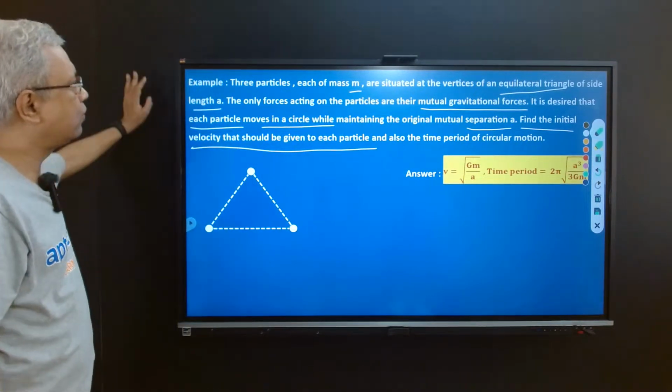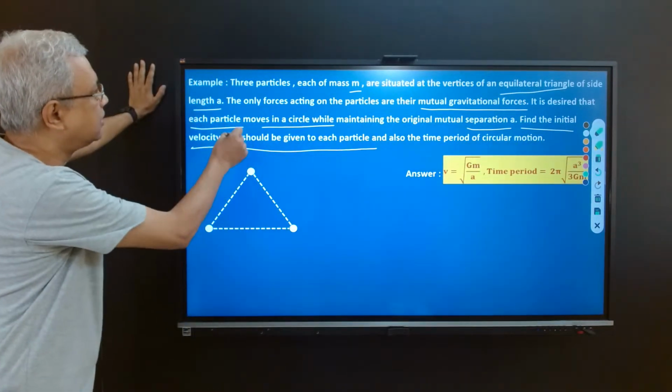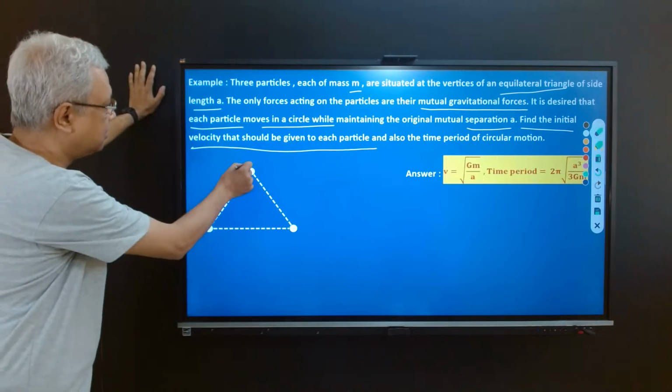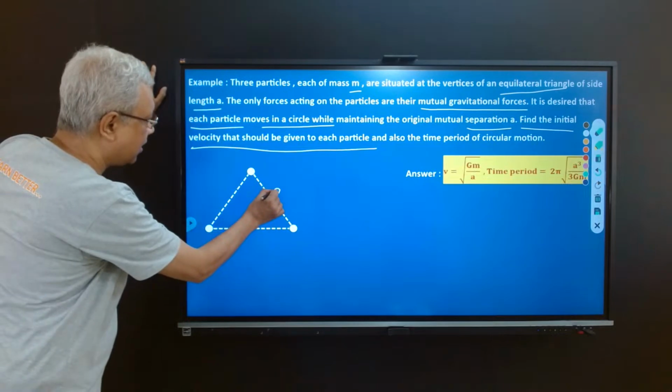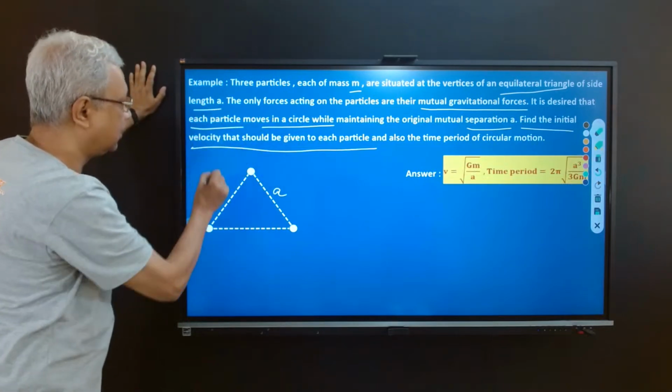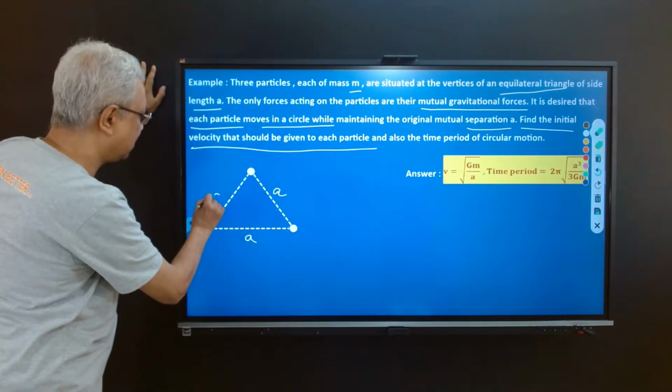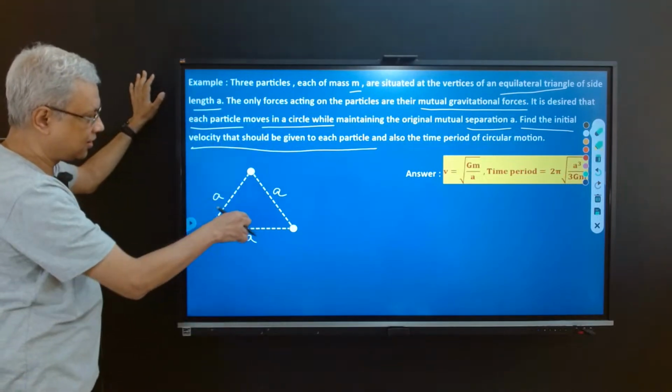So the fundamental thing is that three particles are situated at the vertices of an equilateral triangle of side length A. This length is A, this length is A, this length is A. They are not connected.